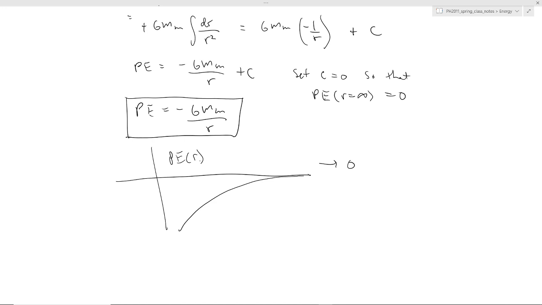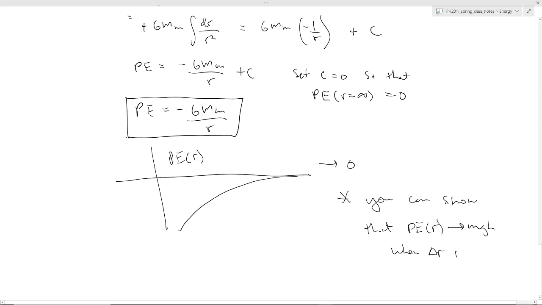Now I would note, if we had a little more time, you can actually show that this potential energy as a function of r goes to mgh when the change in r is very small. You can show that with a series expansion.